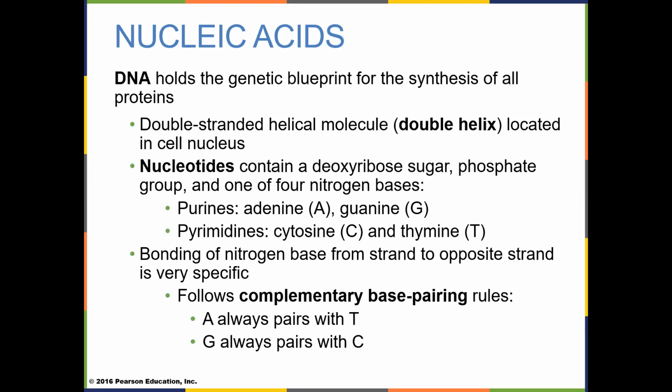The purines, the double ring structure, will bind to the pyrimidines, the single ring structure. In DNA, and this is what's important to remember, we have adenine, guanine, cytosine, and thymine. The adenine will always bind with thymine, always.